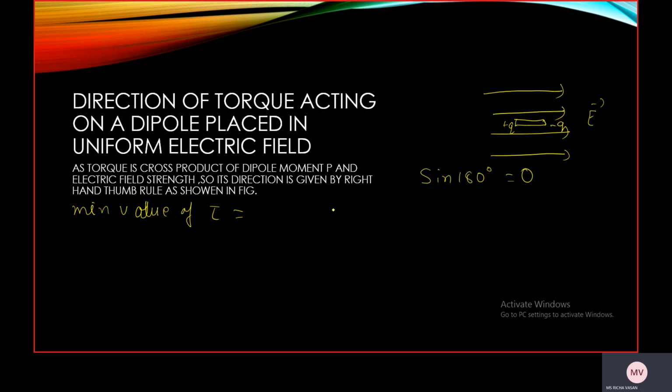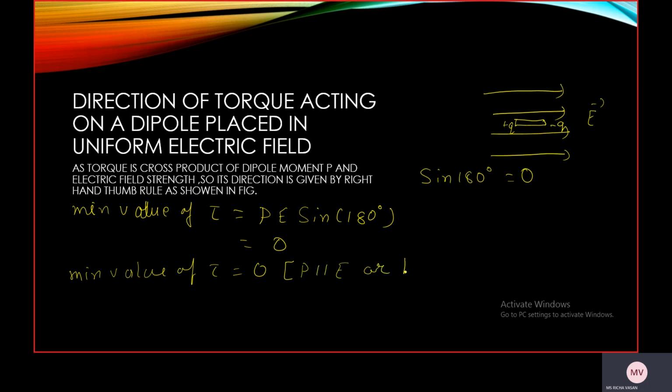So torque will be P E sine 180 degrees, and again it will be 0. So we get the minimum value of torque, which will be equal to 0. And when will it happen? When P is either parallel to E or P is anti-parallel to E.